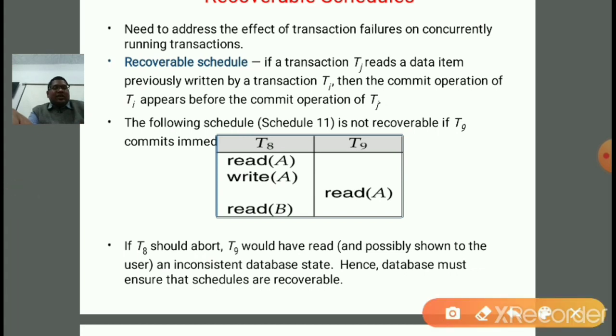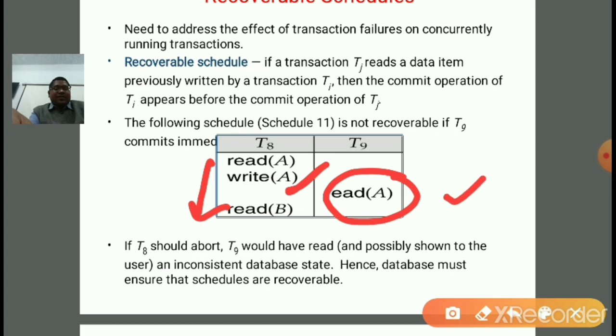If you see, T9 is depending on T8, and if T8 is aborted, it means T9 still has the value which was written by T8, right? The write A operation, because after write A, T9 is reading the value of A. Clear?